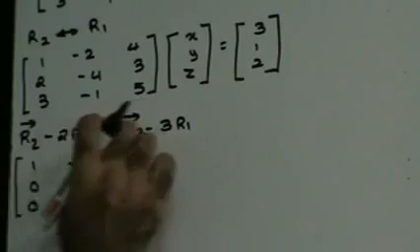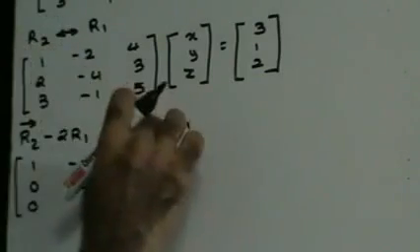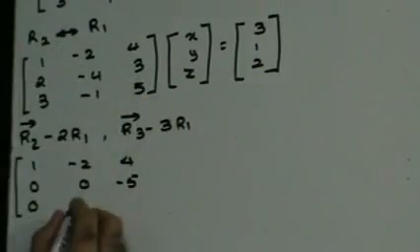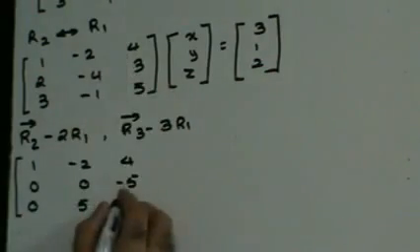Now 3 minus 3, 0, minus 1 plus 6, 5, and this is going to be 5 minus 12, so that's minus 7.